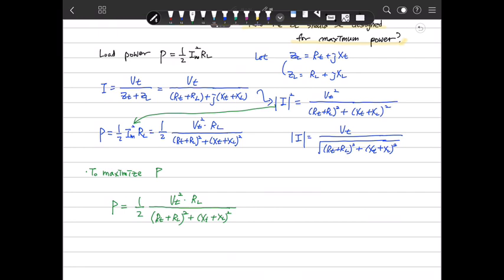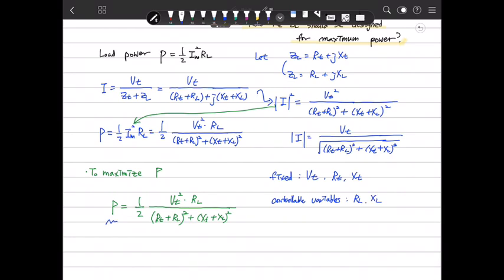The fixed values are Vt, this is a source, and Rt and Xt. The control variables are RL and XL.